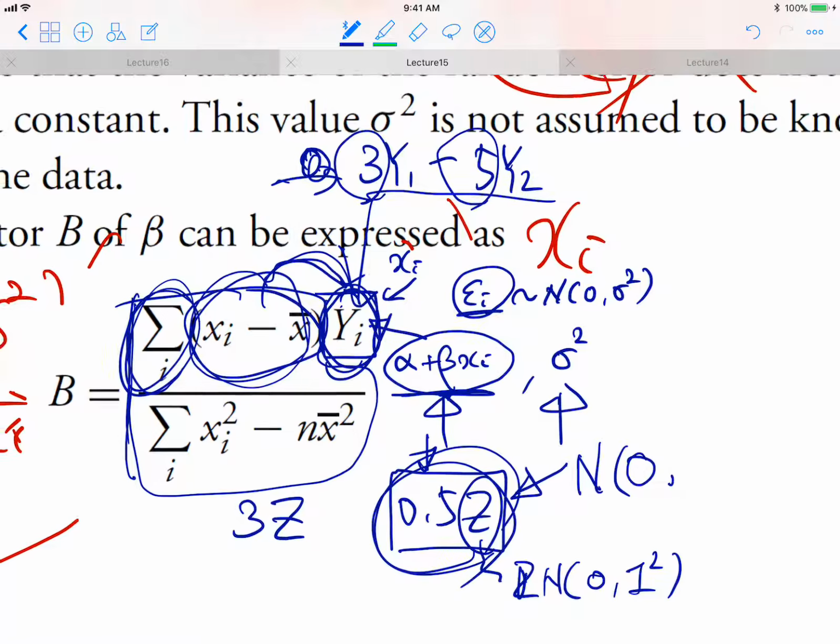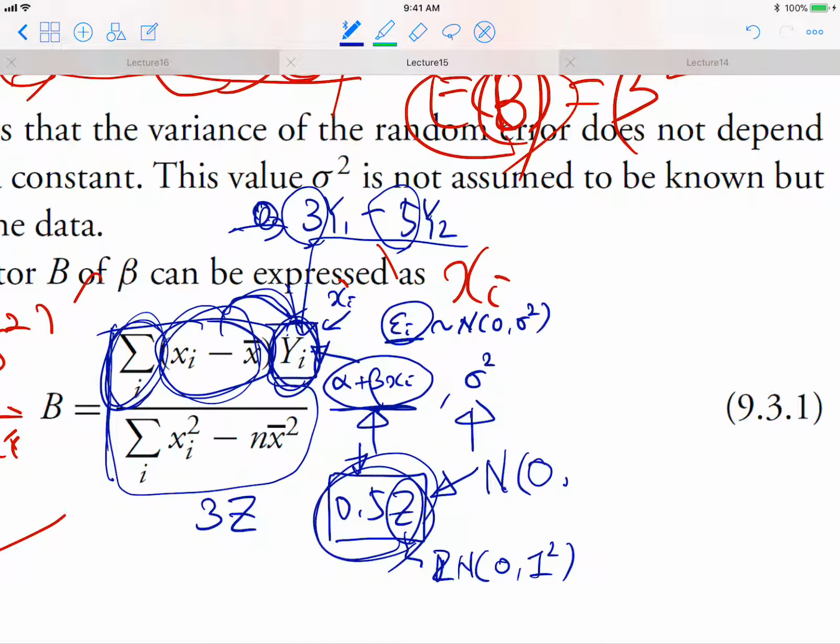Then if we have just the two yi's, y1 and y2, they will be represented in this manner. Okay, I just gave some particular coefficients associated with y1 and y2. And in this case, y1 and y2, are they Gaussian? Right, Gaussian. And then what will their mean be? Is the mean value 0 or not? It is not, right? I keep asking silly questions. And are those two means different or the same?